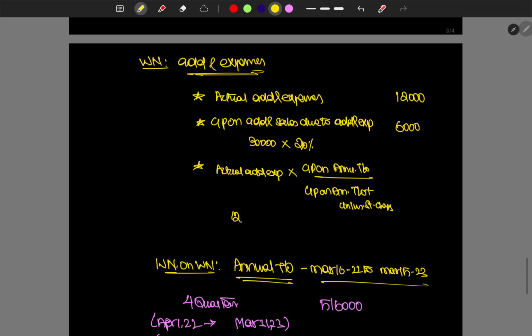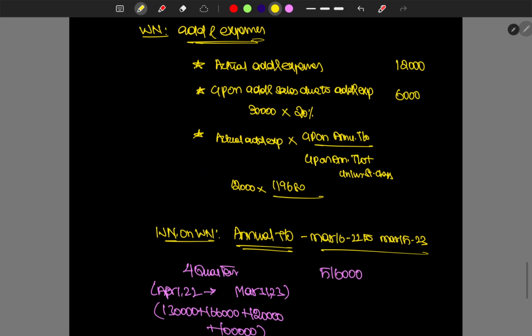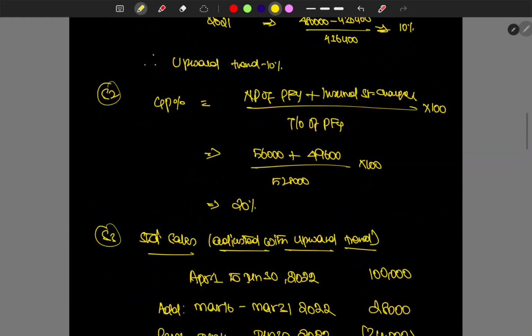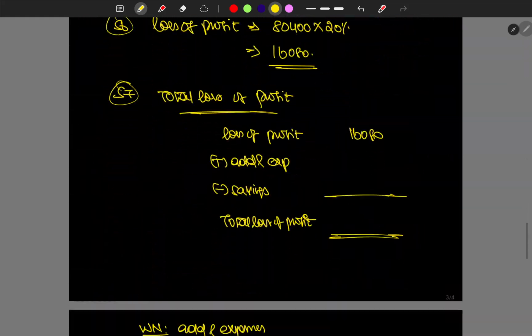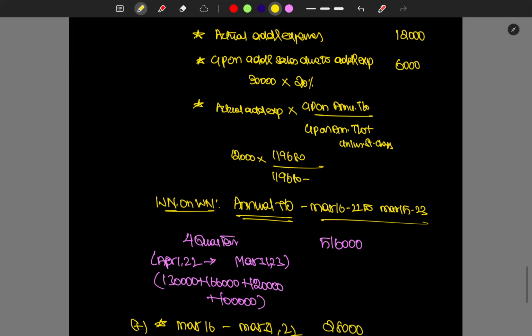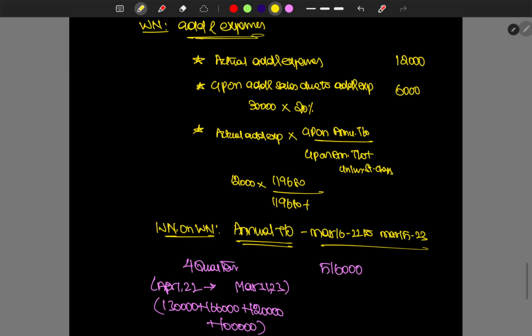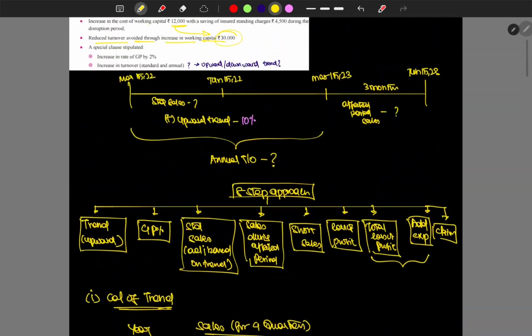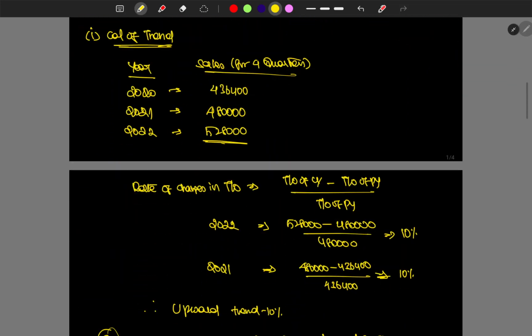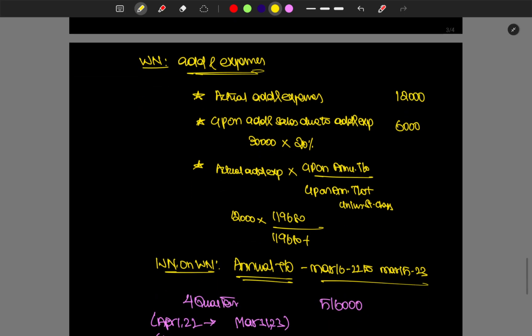So actual expenses is 12,000 into 1,19,680 divided by 1,19,680 plus uninsured standing charges. What's the uninsured standing charges? It is 6,000.